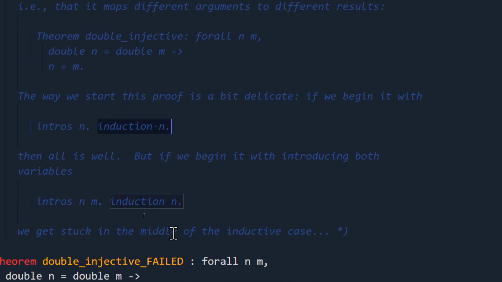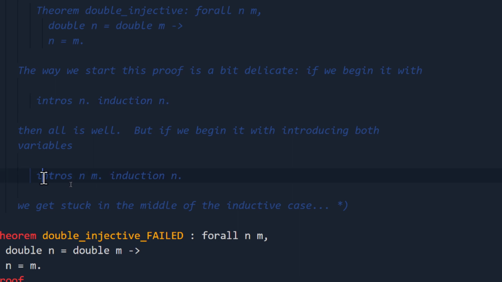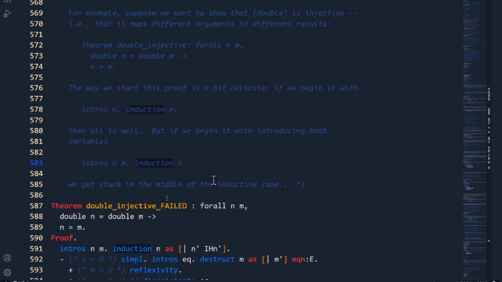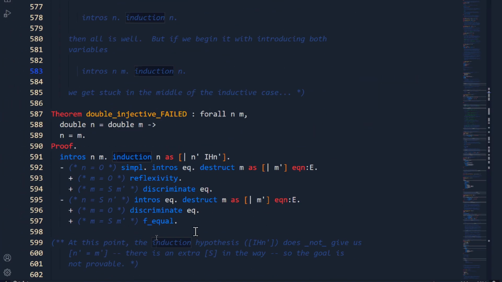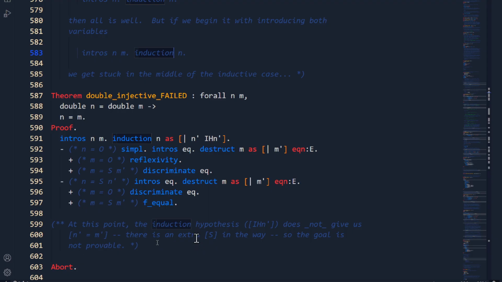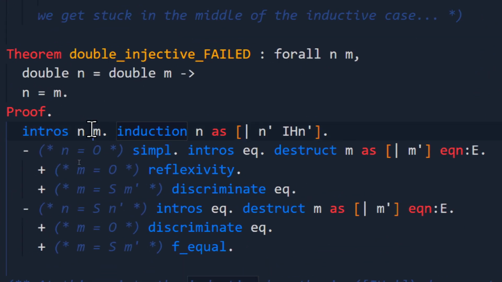But if we begin it by introducing both variables, intros n and m, and then run induction on n, we get stuck in the middle of the inductive case. And as it turns out, that's because when you intro n and m, you're effectively fixing your values.